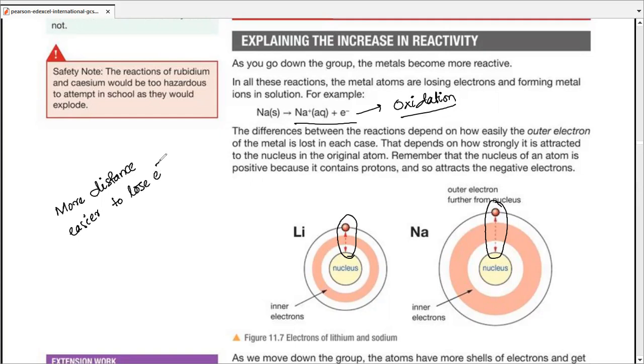So, this is a pretty good way to go through it. Or even if you don't want to talk about this, you can simply say, because the distance is greater when the atomic size is greater. Or even if we don't discuss that, or the examiner does not discuss it, you can discuss it in another way.